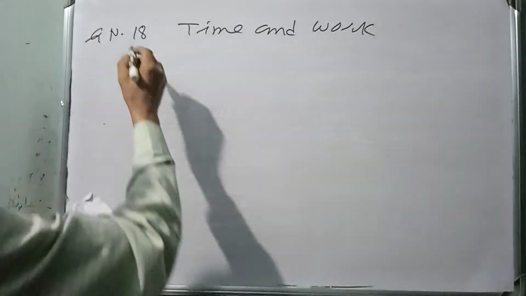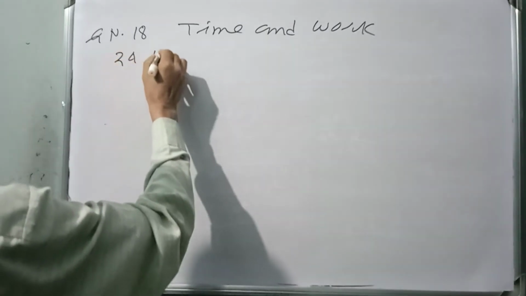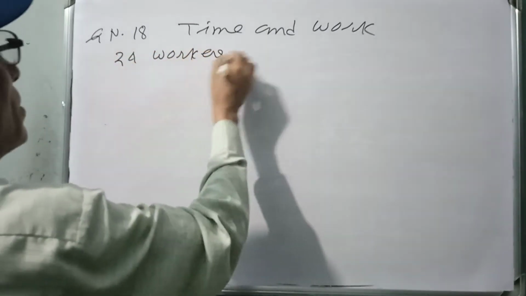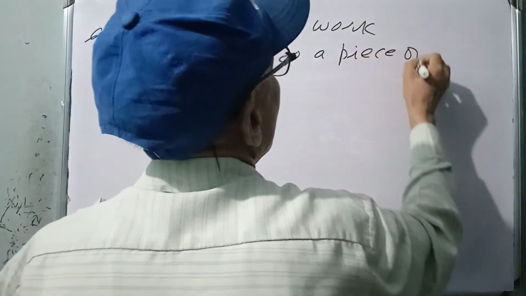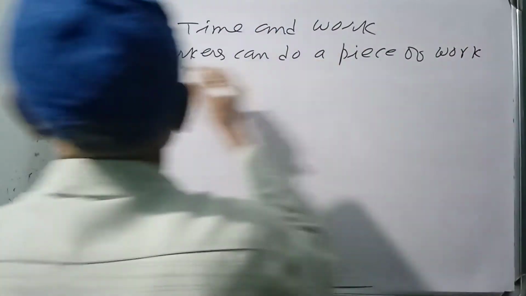The question is this: 24 workers can do a piece of work in 20 days.